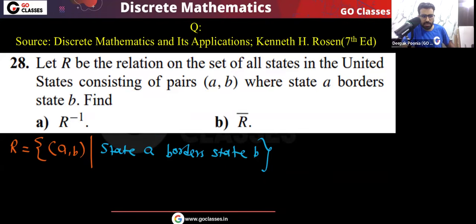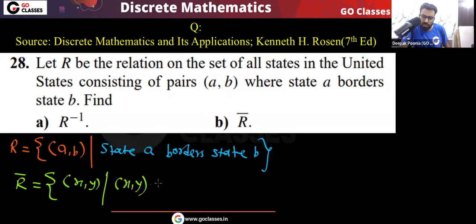Okay, let's see what about R complement. R complement means pairs xy such that this ordered pair xy does not belong to R. If xy does not belong to R, what does it actually mean?